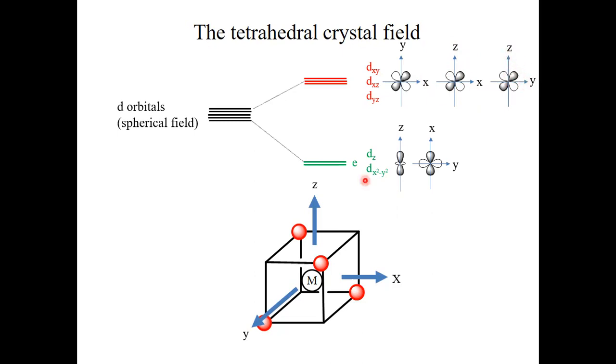Now the ligands are approaching in between the axes, and for that reason, these three orbitals experience a comparatively high electrostatic repulsion, higher in comparison to the spherical crystal field.